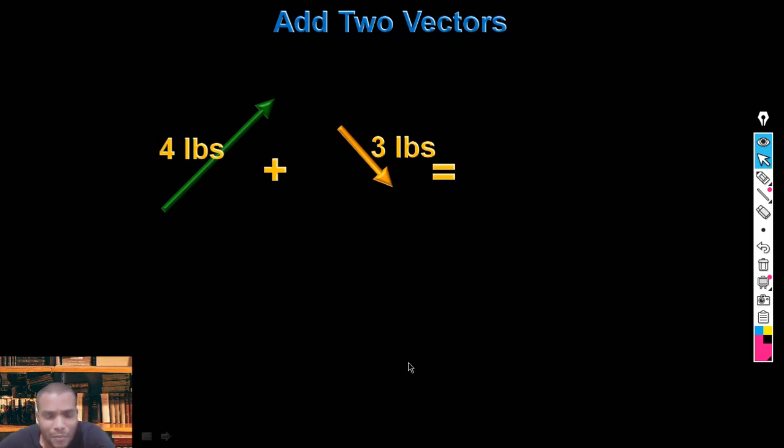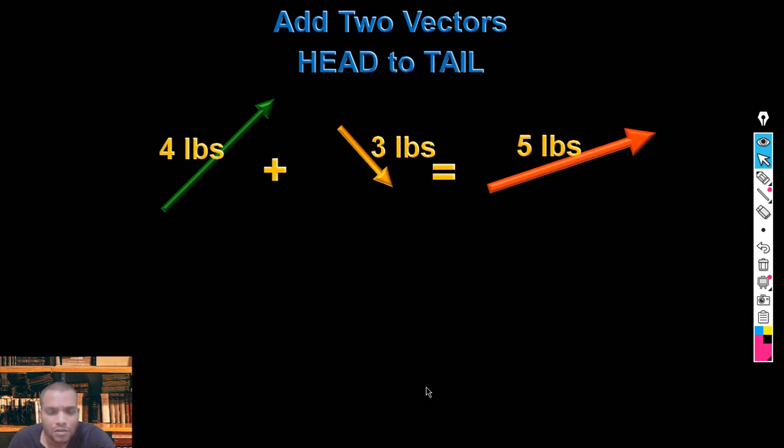Now let's take some random directions. Here lbs is a force unit. Suppose the green vector is showing some arbitrary direction and the yellow vector is showing another arbitrary direction. Let us add these two vectors. How does it become 5 lbs? This you can also add by the head to tail method.